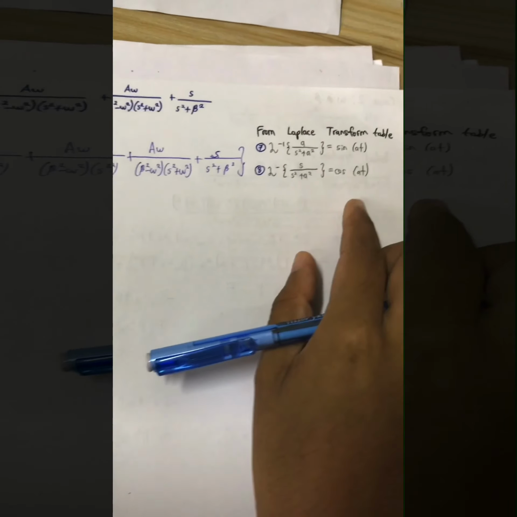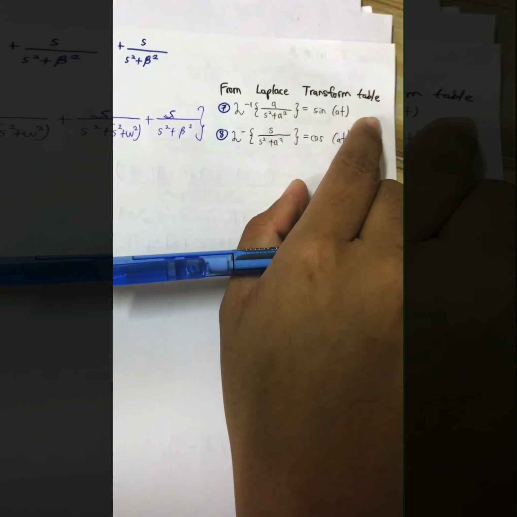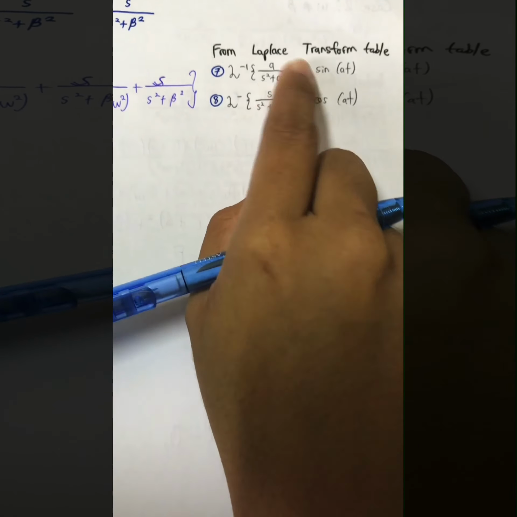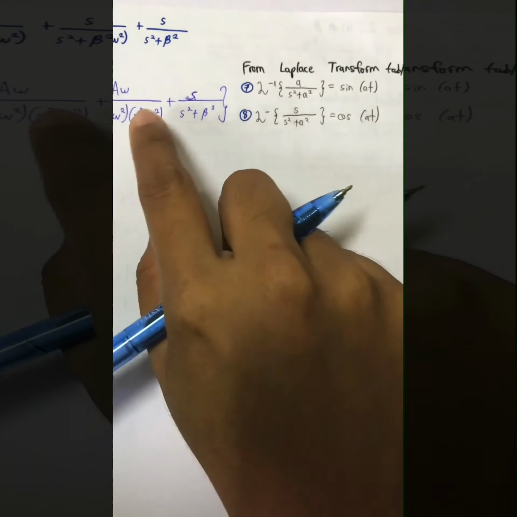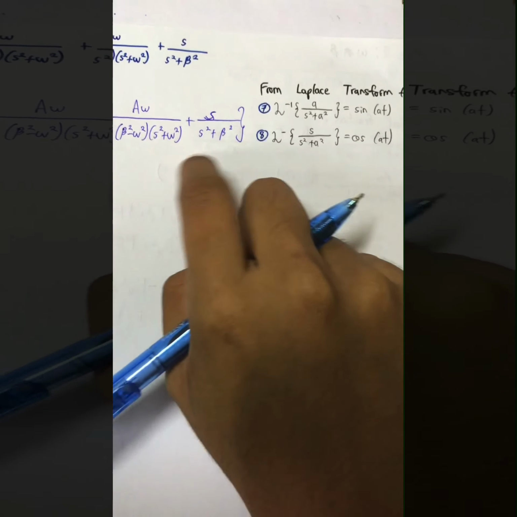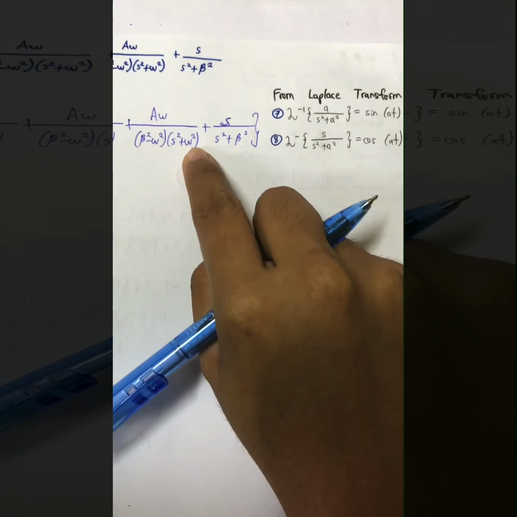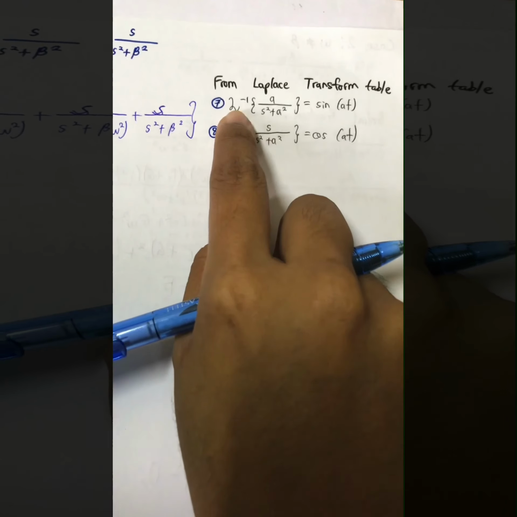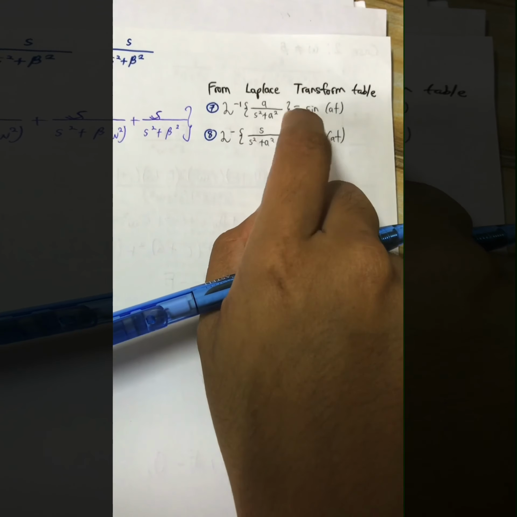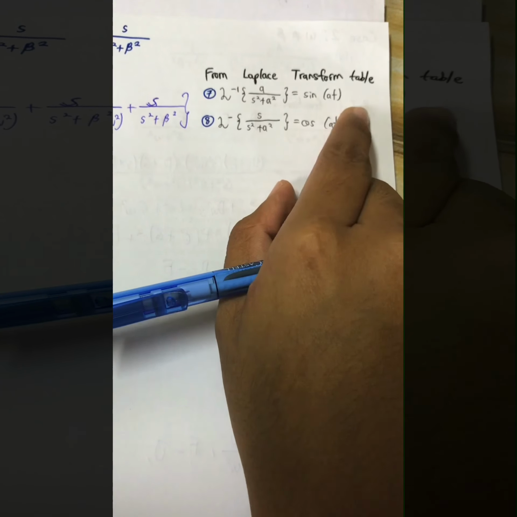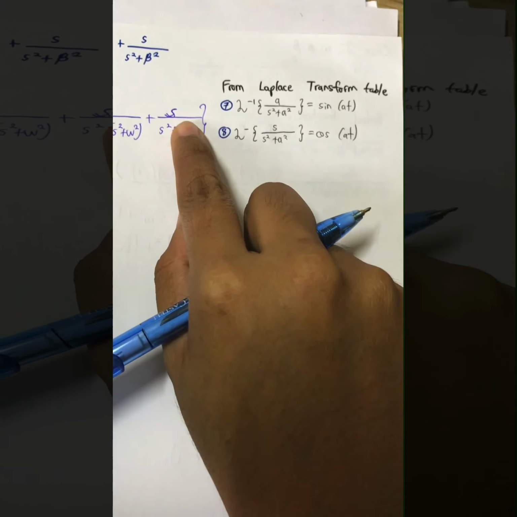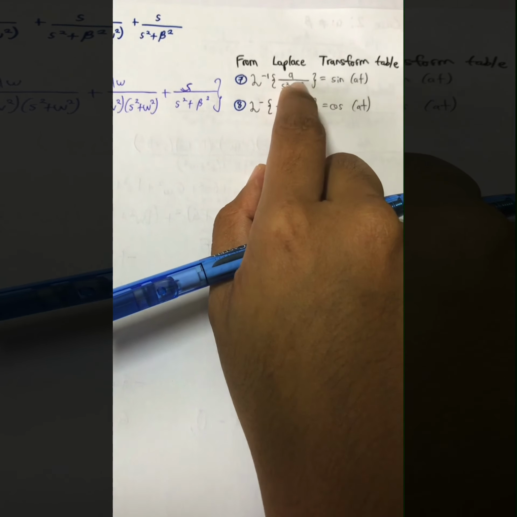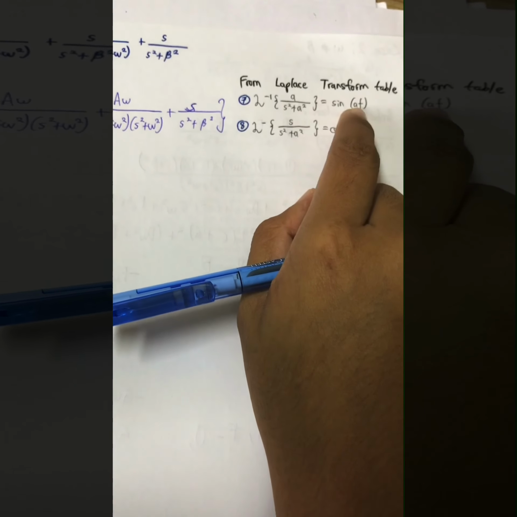After I look through the Laplace transform table, I get these two inverse Laplace transforms that we can use to find our answer. Here we get the inverse Laplace transform of a constant over s square plus a square is sine at, and this is for this part. So we need to transform our Y of s into the same form to get the answer easily.